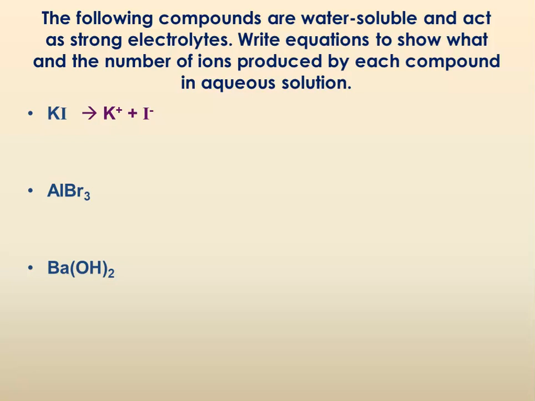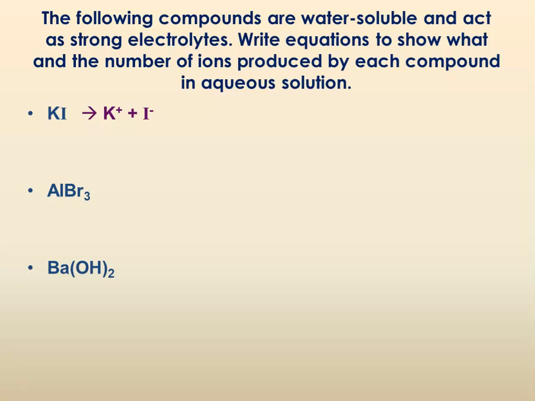In our second example, AlBr3, we would have 2 ions again, aluminum acting as our cation and bromine acting as our anion. Aluminum is in group 13, so it would have a +3 charge. Bromide, like iodide, would have a -1 charge.